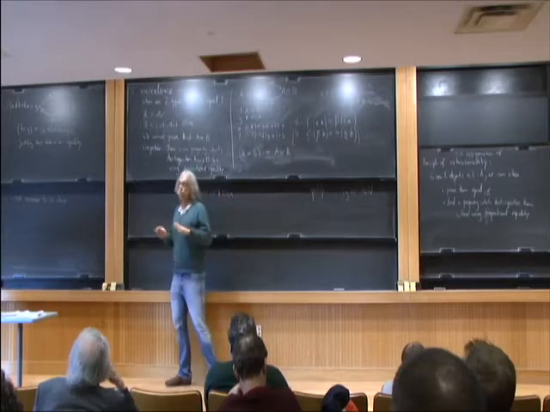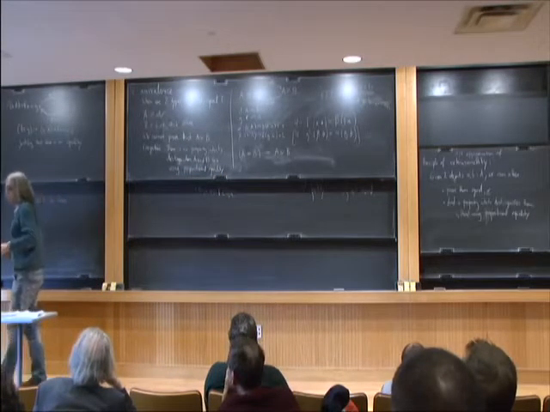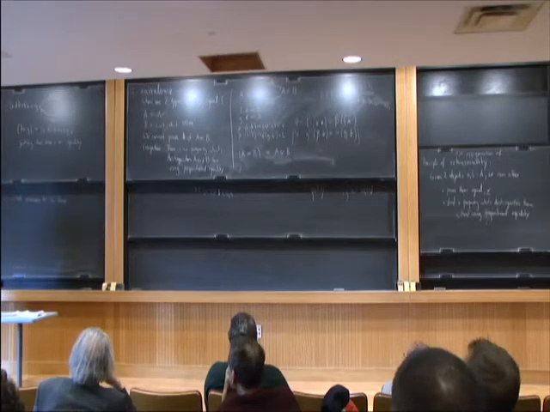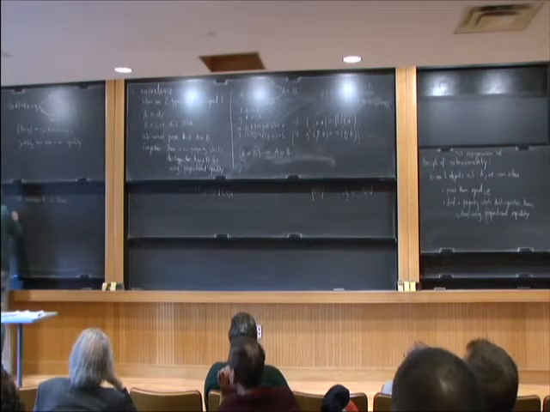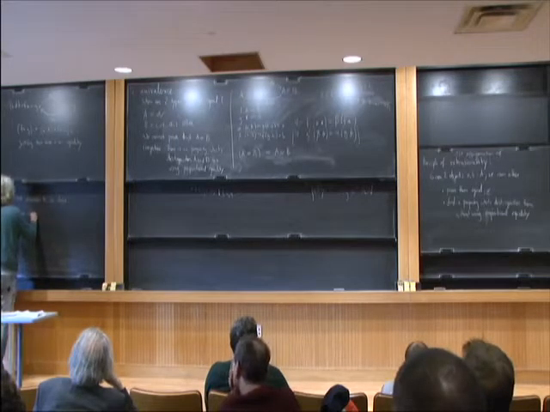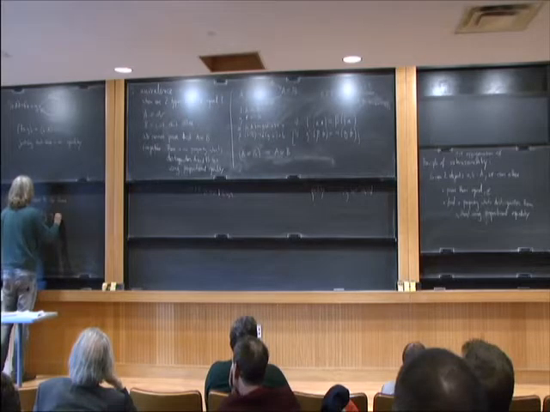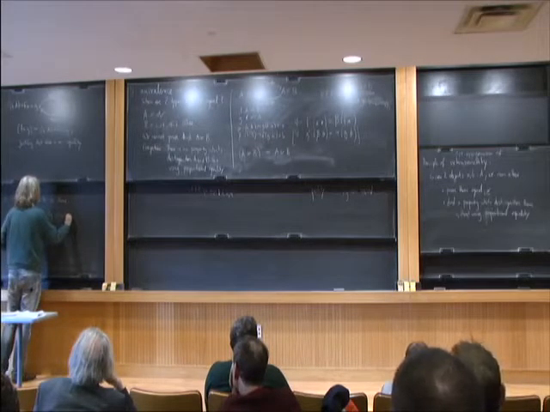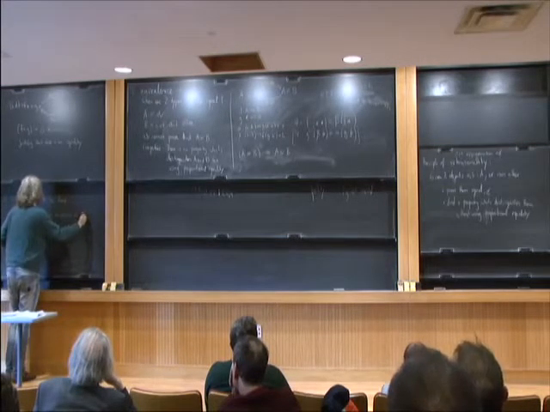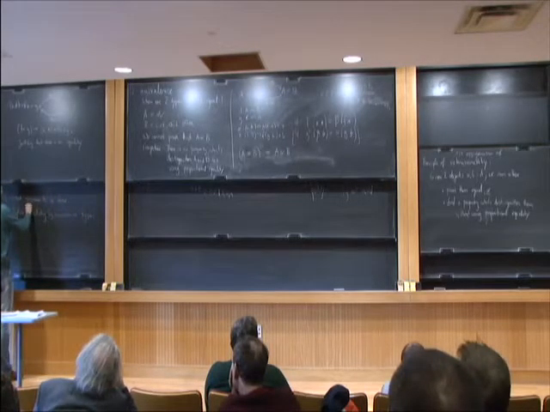So now we have a type theory which has some notion of equality, and the question is, can we now recover, so define equality by recursion on types? So equality, and this is extensional equality.